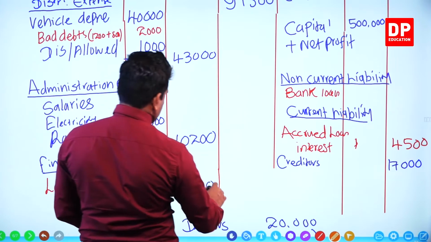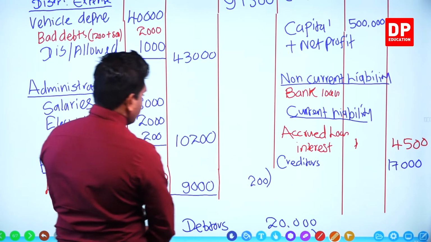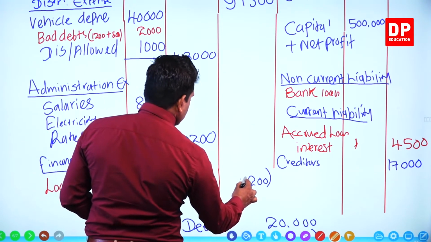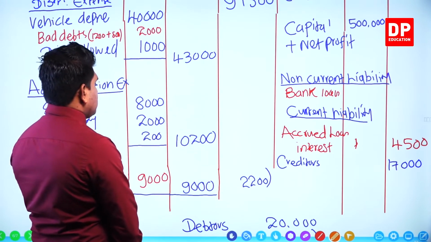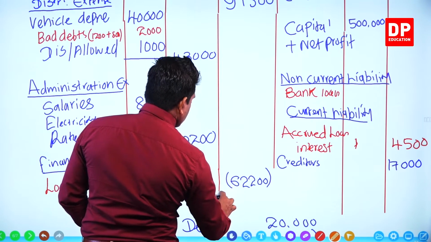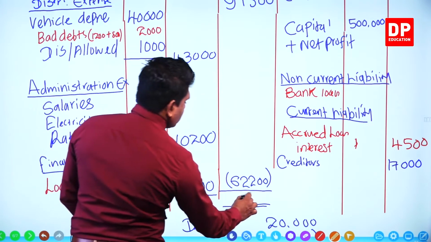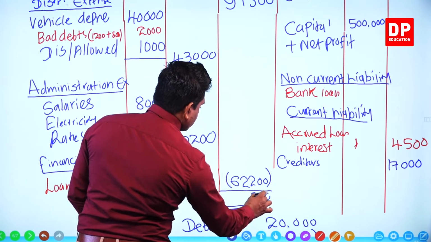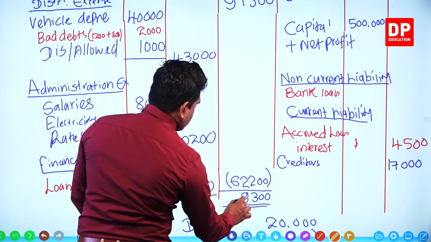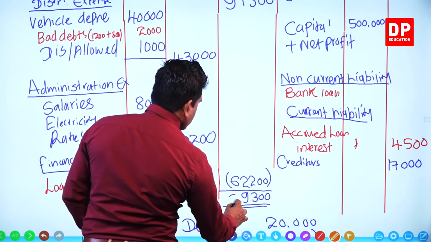See how much? 200. Put in the brackets, right? Why? You have to subtract it, no? Here 12. 62,200, right? Put in the brackets. Then you see the how much? Net profit 300. $29,300.